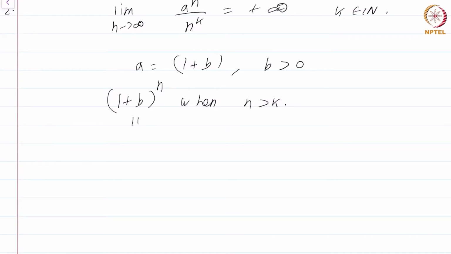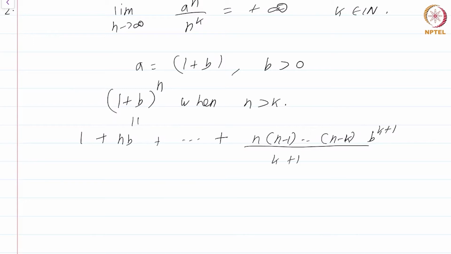This is nothing but 1 plus nb plus some other terms, and I focus on one particular term, and you should be able to guess what this particular term is. It is the term with b^{k+1}, that is, b^{k+1} by (k plus 1) factorial, plus some other terms. So I focus on this particular term which has b^{k+1} in it. So this is what (1 plus b)^n will be when n is greater than k.